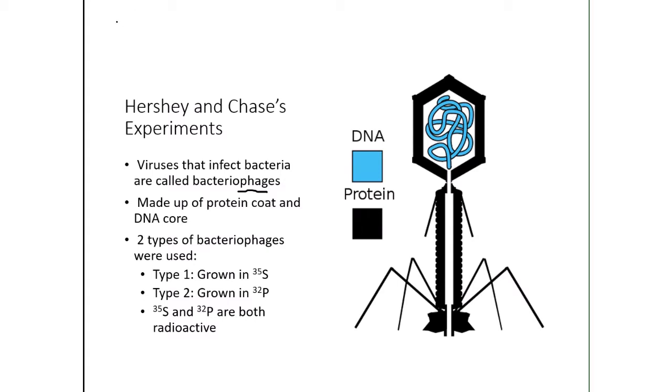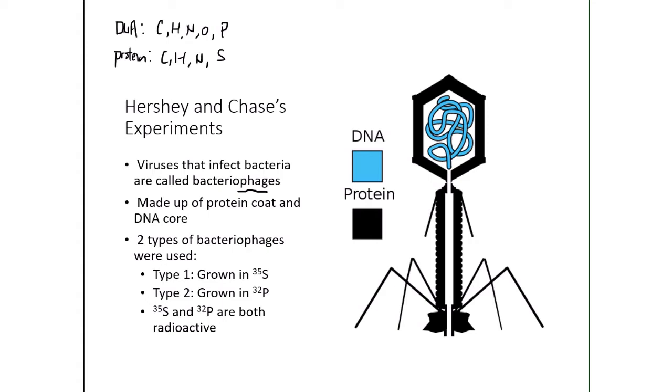As you remember, DNA has carbon, hydrogen, nitrogen, oxygen, and phosphorus in it, whereas proteins have carbon, hydrogen, nitrogen, and a little bit of sulfur, because one of the amino acids contains sulfur.